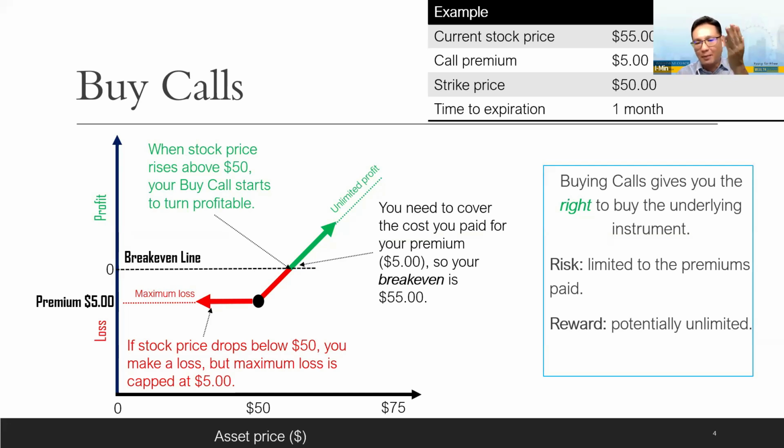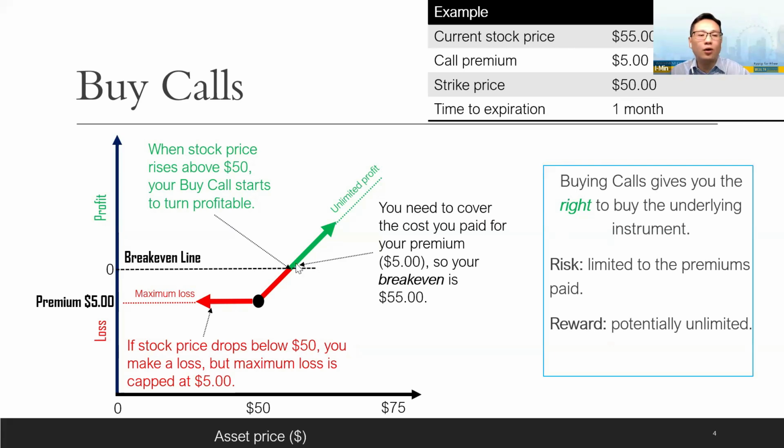It's just a contract between two parties, whereby the seller is willing to sell a call option at $5, strike price of $50, time to expire one month. If I buy this option, I pay the seller $5, and within the next month I have the right to buy the underlying instrument at $50.